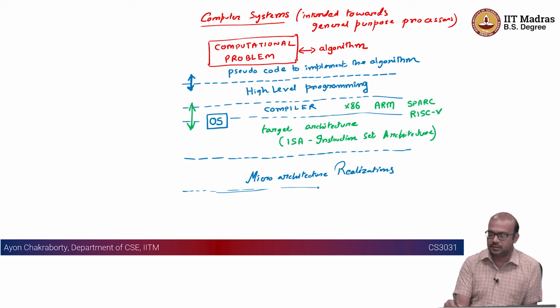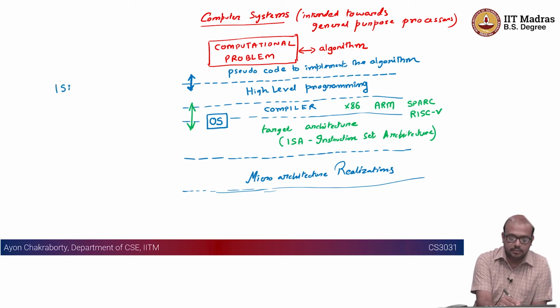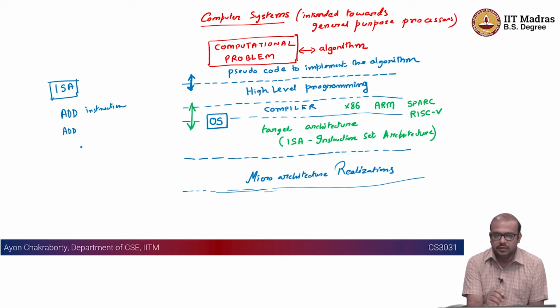So, for example, in your ISA, suppose you have an add instruction. The ISA tells you that we have to execute an add instruction. The registers that are going to be used are a part of the ISA.